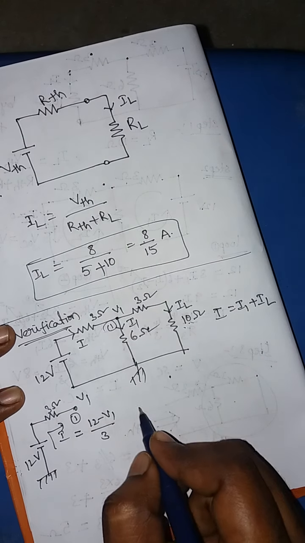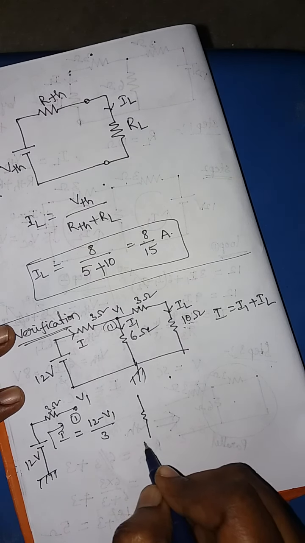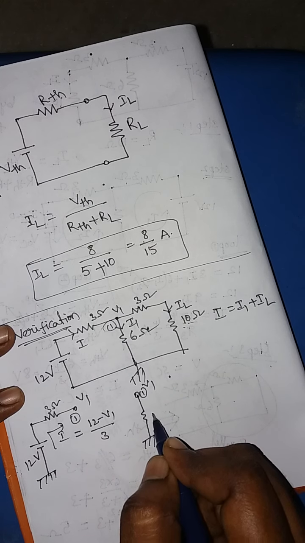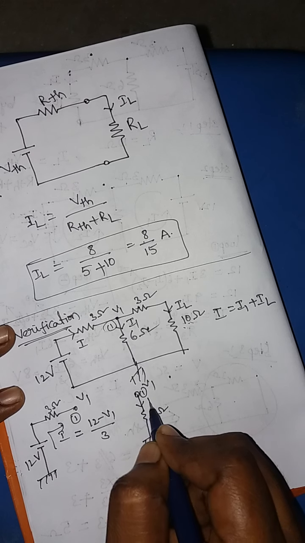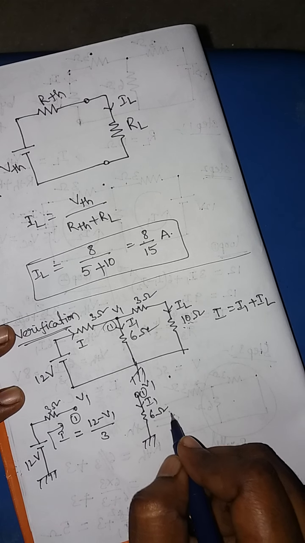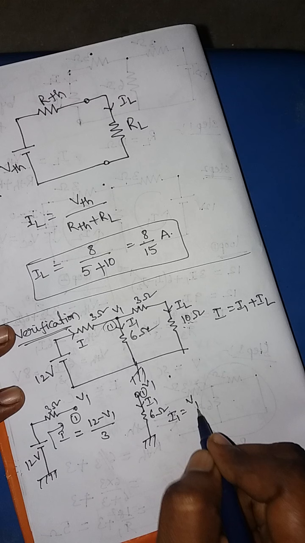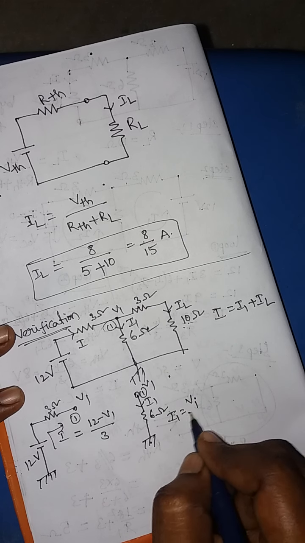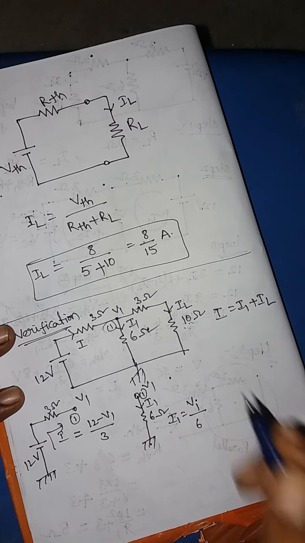Next, the I1 branch. Node 1 V1 has 6 ohms and here it is I1. Therefore I1 is equal to V1 minus ground voltage, ground voltage obviously 0, divided by 6, that is V1 by 6.